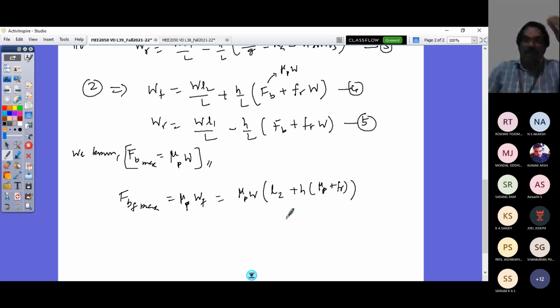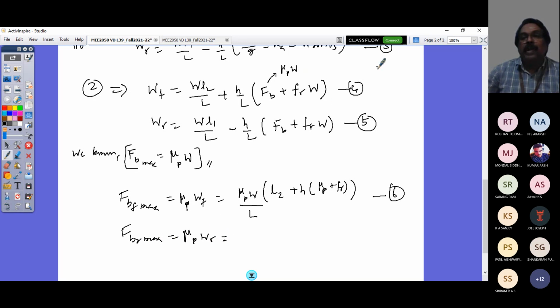This expression is divided by, of course, L. Here L is there, here L is there. So when I substitute mu P times W here and take mu P W by L out, my expression goes like this. This is equation number 6. Similarly, I will have FBR max as mu P times WR.